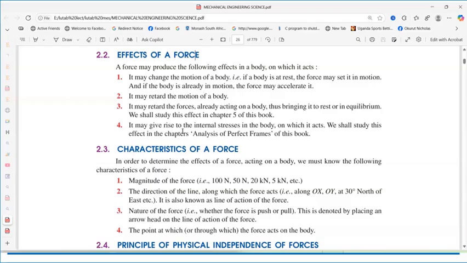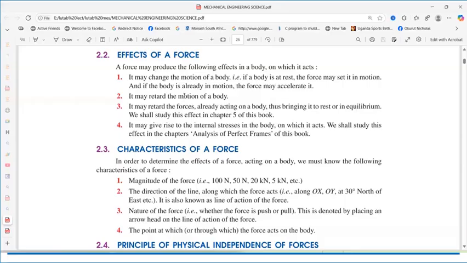So the force the friend applied could change the motion of the body, or it could retard the motion of the body. Retarding means if a body is accelerating and you retard it, you're moving against its acceleration. You're applying like a brake. If the friction is not too much to stop the body, it may still keep in motion.